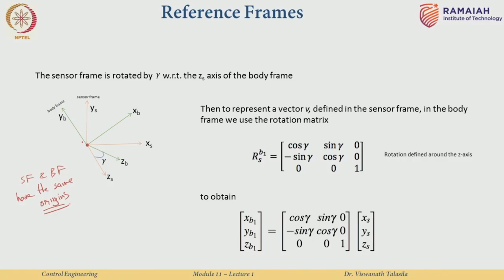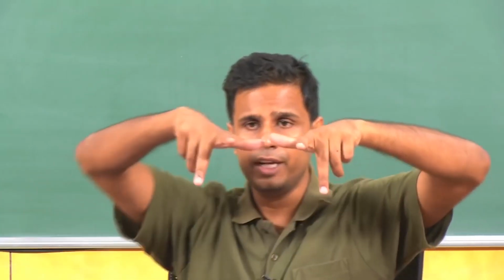In this particular example, we will assume that the sensor frame is rotated by an angle gamma with respect to the z axis of the body frame.